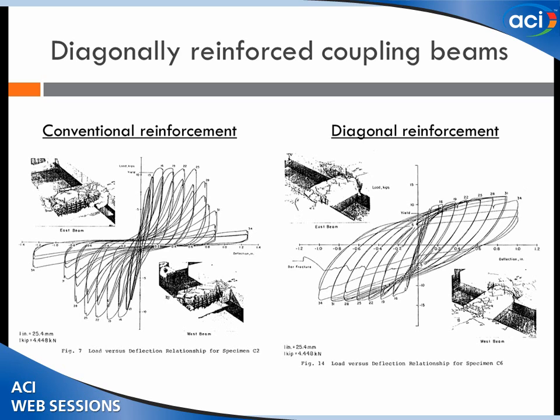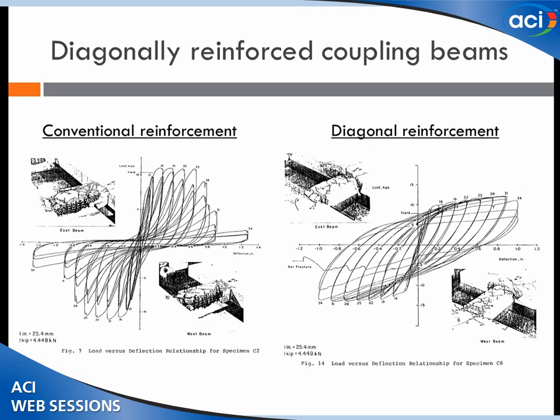In the last code cycle, there was interest to change the way we reinforced the diagonally reinforced beam. For reasons that are a bit of a mystery to me, the diagonal reinforcement has, in the United States codes, as we look at a diagonal, each diagonal gets an individual wrap.